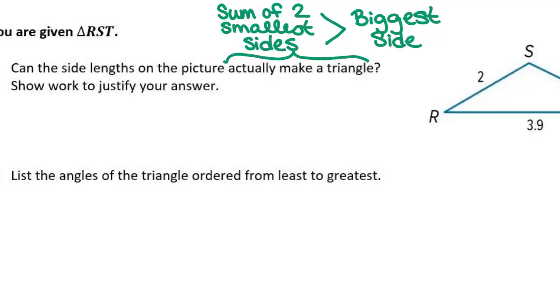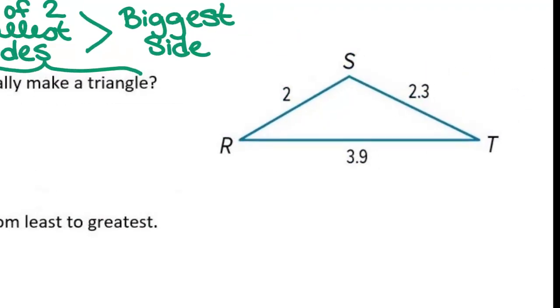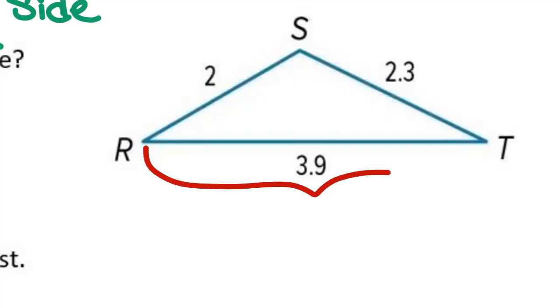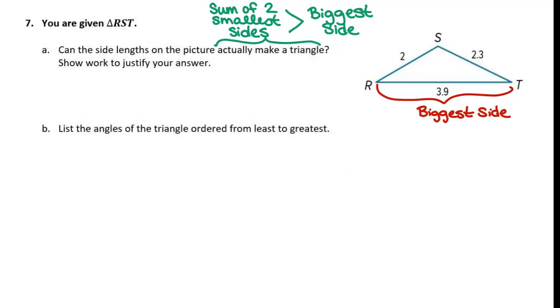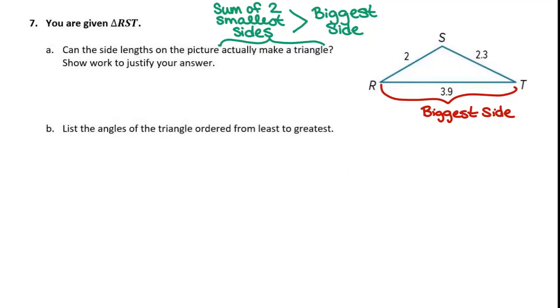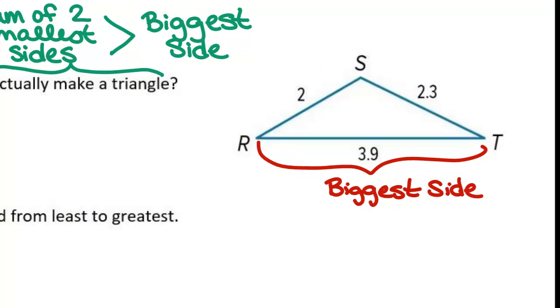What is the biggest side here? 3.9, the one down at the bottom, side RT. There's our biggest side. And so that means we're going to take the two other sides, which is 2 and 2.3.